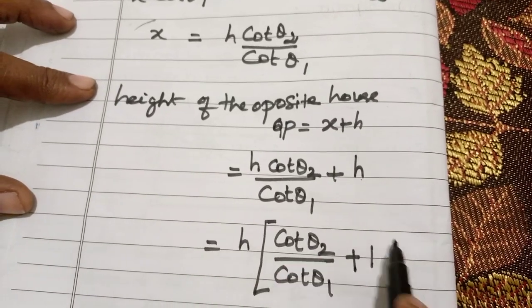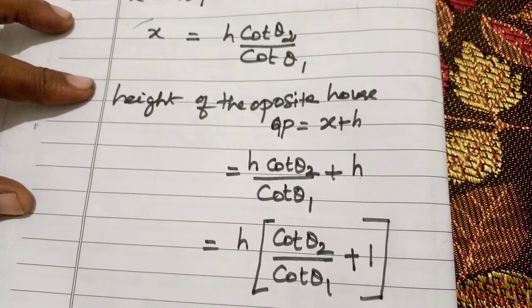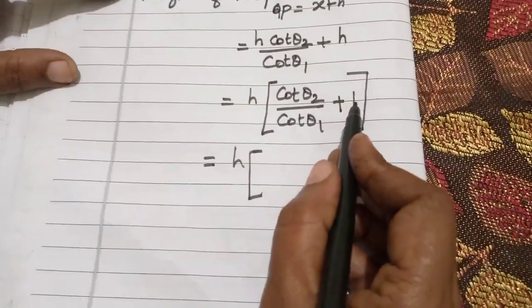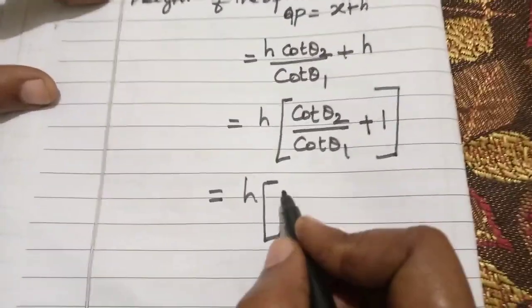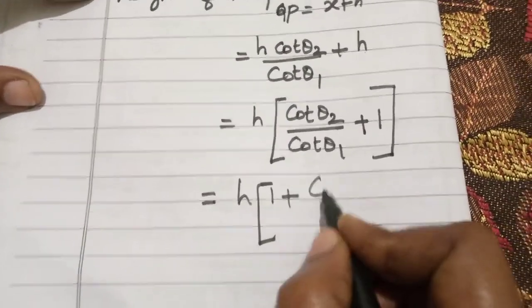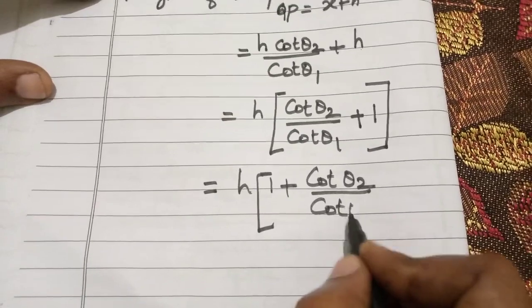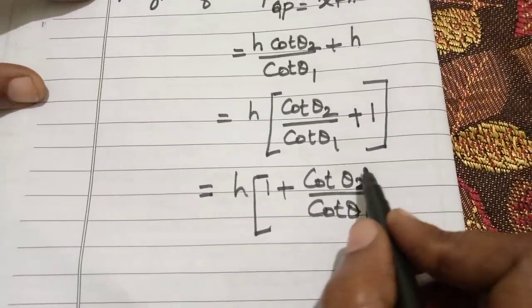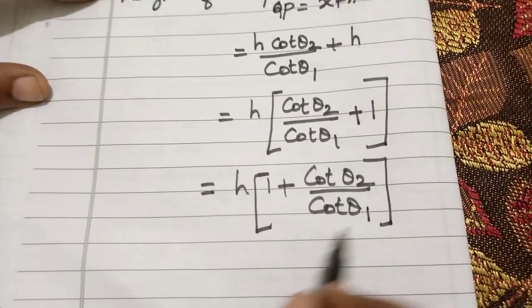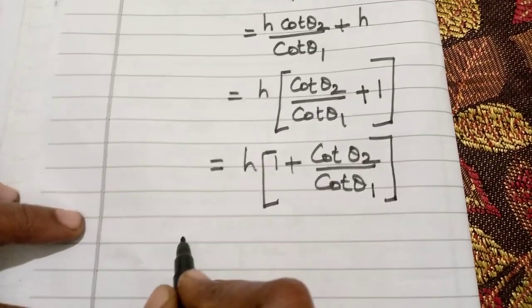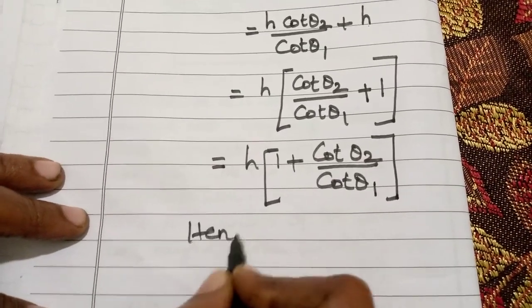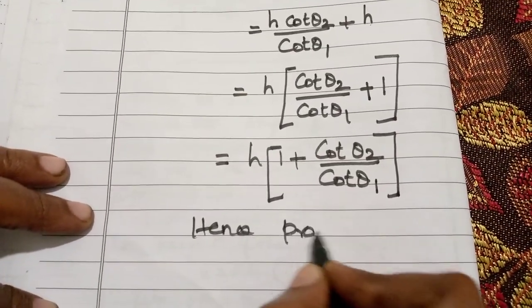This height we have taken out. It can be written as height into 1 plus cot theta 2 by cot theta 1. So this only we had to verify. So we can write, hence proved.